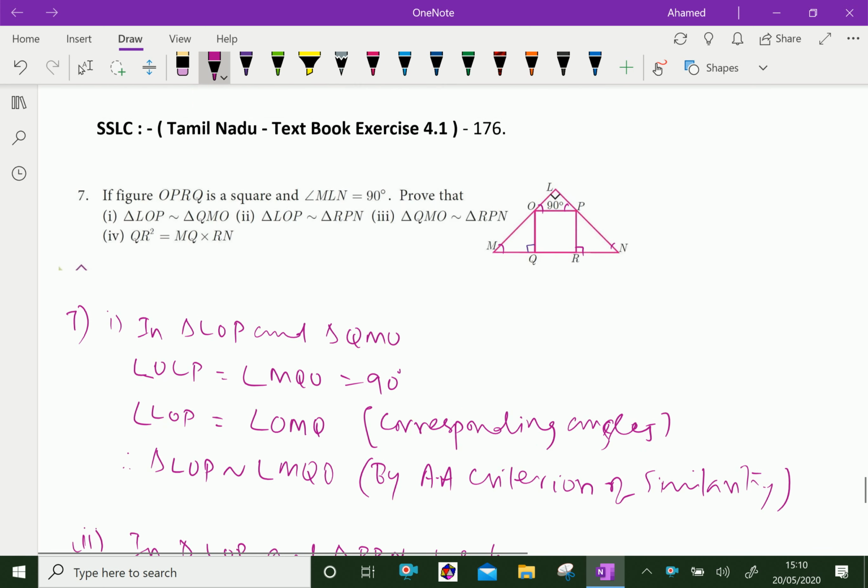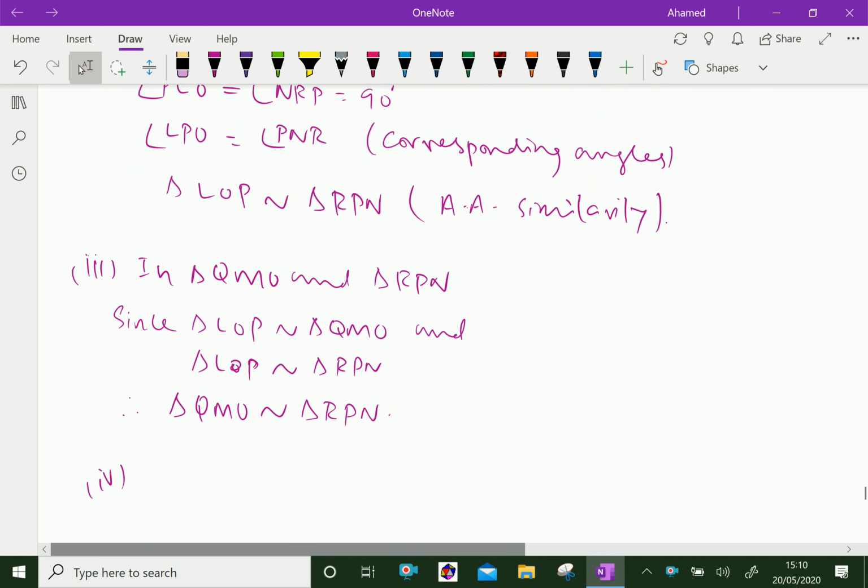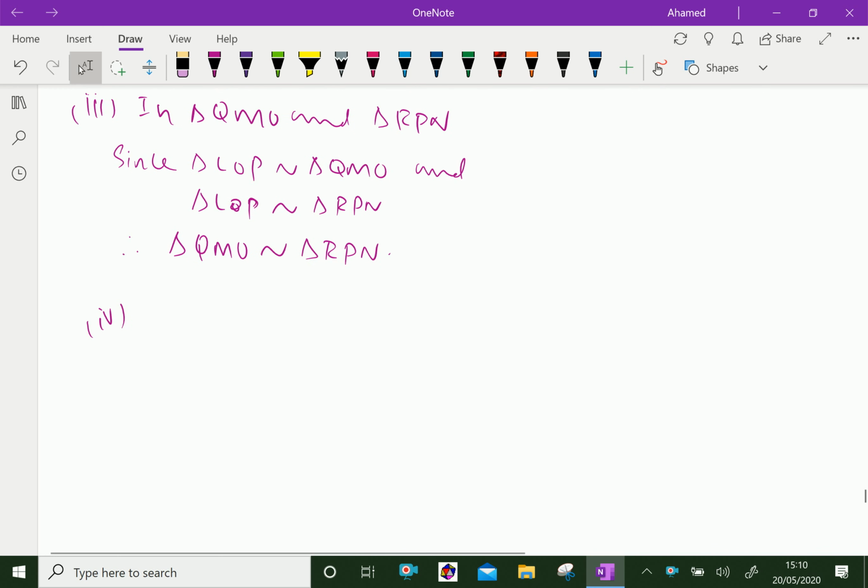Fourth question. The fourth part of the question is QR squared equals MQ into RN. Here we have triangle QMO is similar to triangle RPN from before, that is from the third.